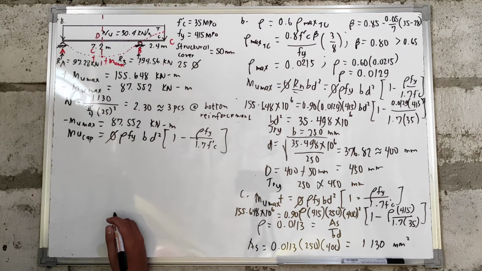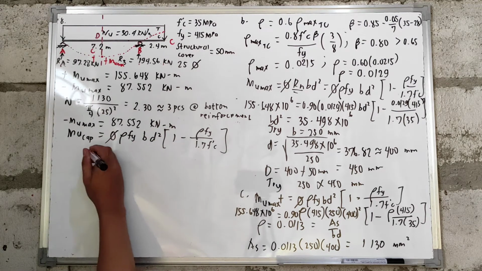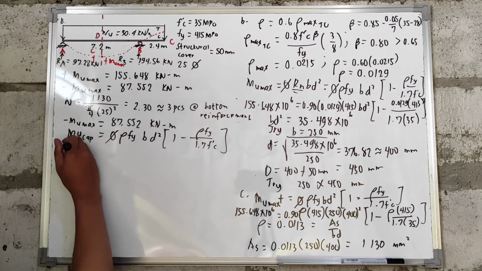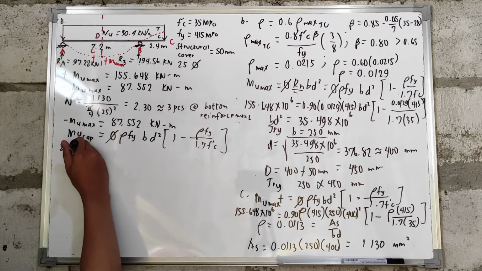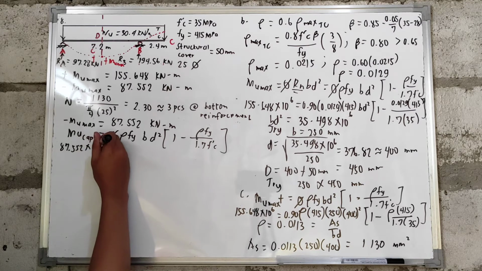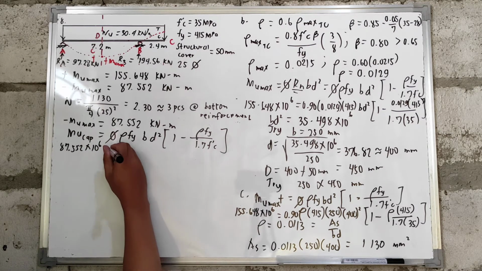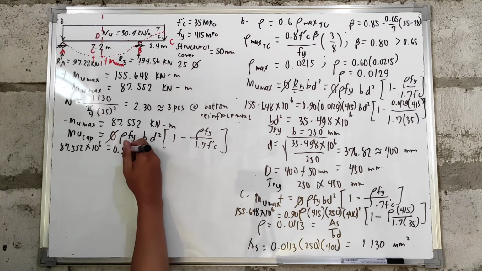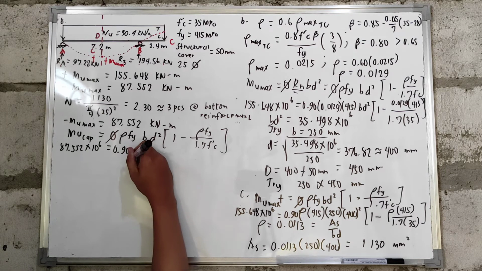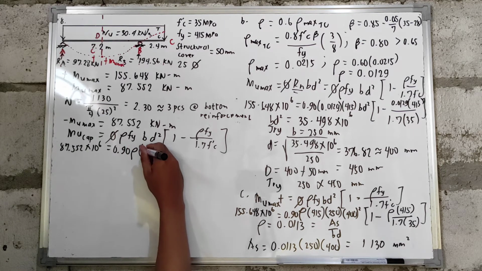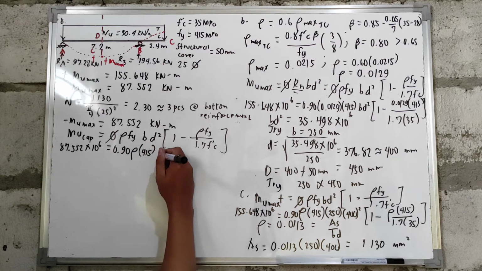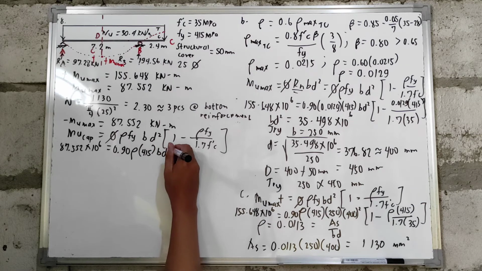So let's get our values. Our Mu here, for the negative that we consider, is 87.552 times 10 raised to 6 to become Newton mm, equals 0.90, the reduction factor, times the rho we will find, 415 for the value of your Fy, bd squared.